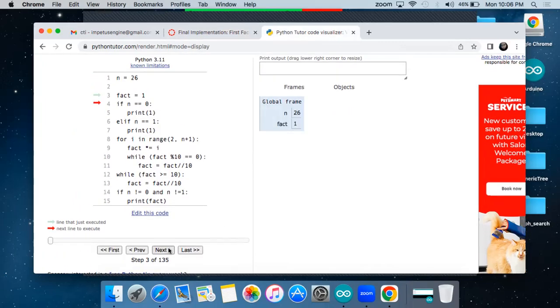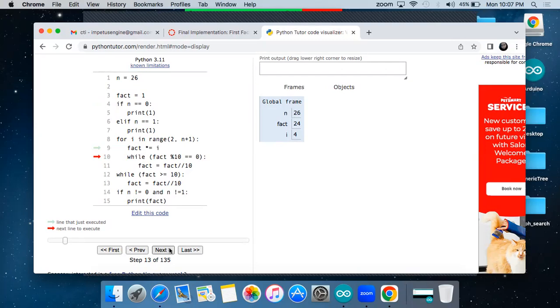So we first initialize factorial, and if n equals 0 or equals 1, then we print, but we don't print otherwise. And then we go through the range. So we start by multiplying out the factorial by i. The first i is 2, and then it skips the while loop because there's no factor of 10.